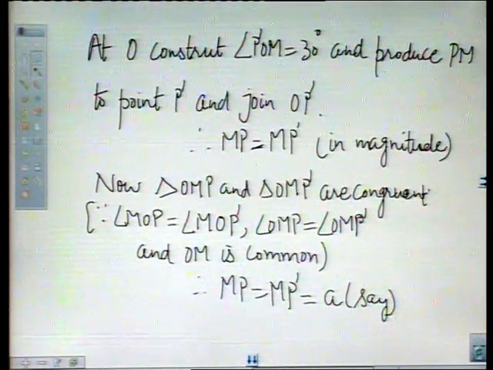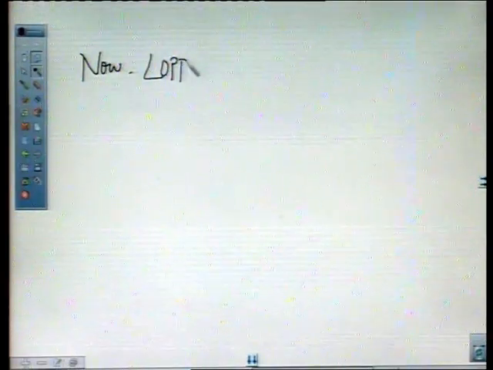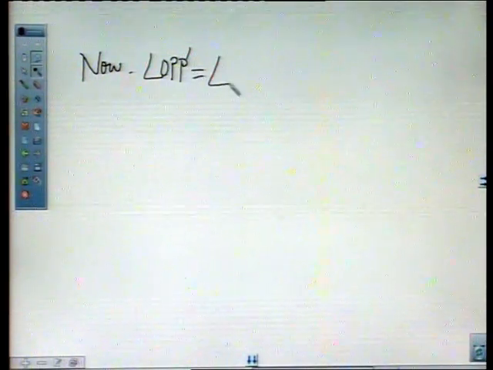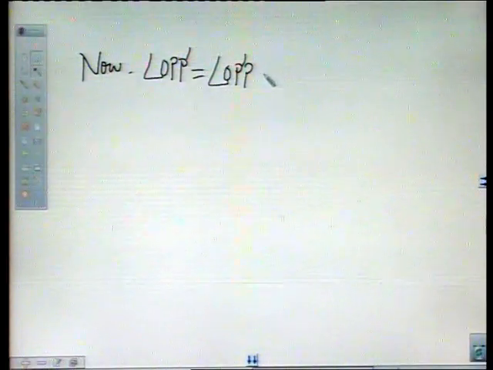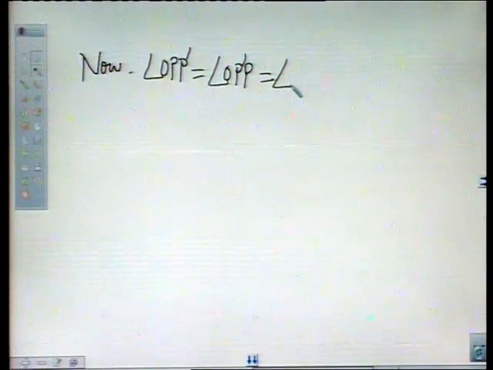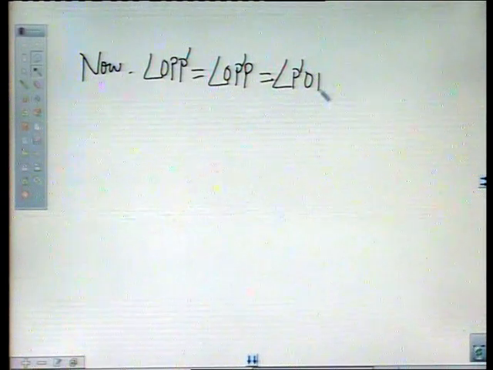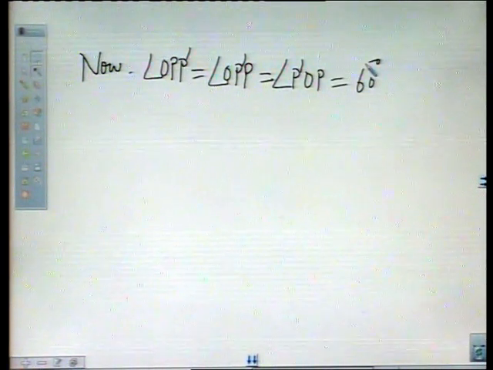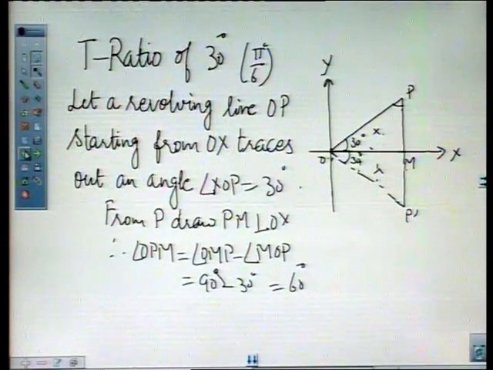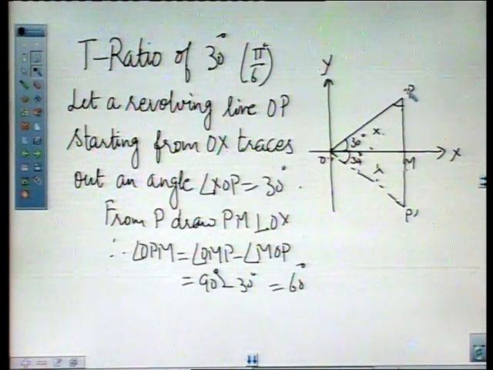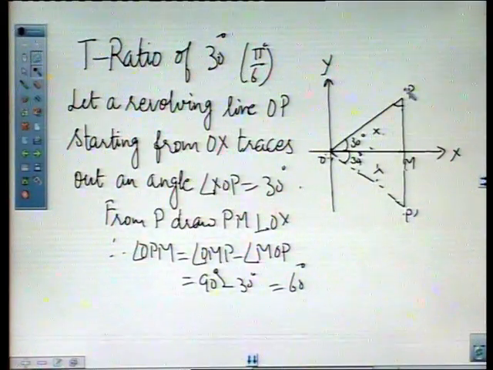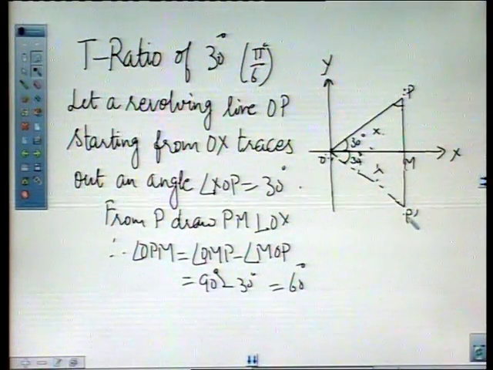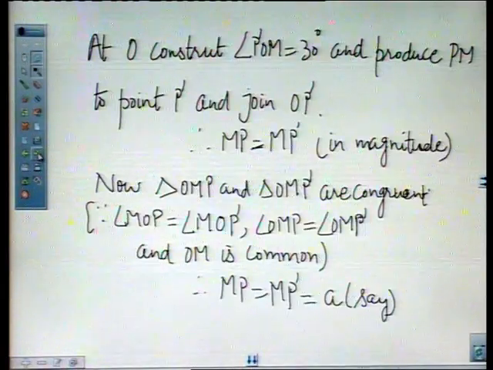Now, angle OPP dash is equal to angle OP dash P, and both the angles are equal to angle P dash OP. All these three angles are equal to 60 degrees.